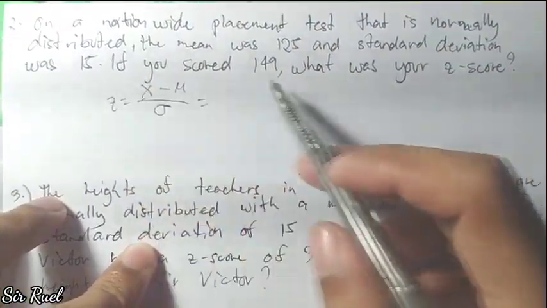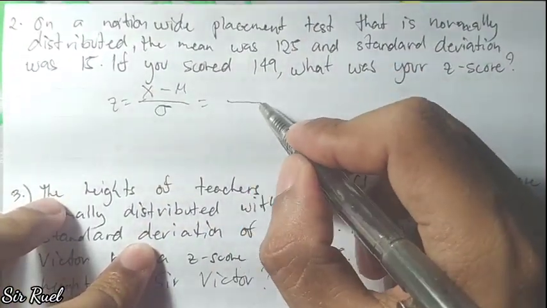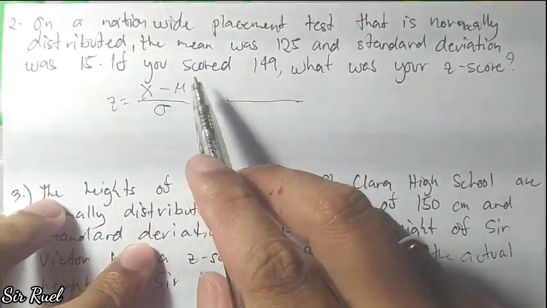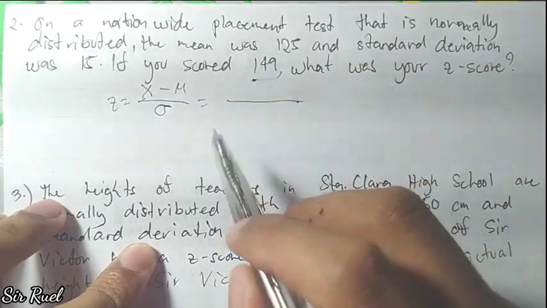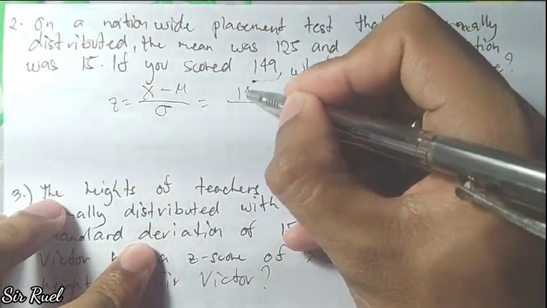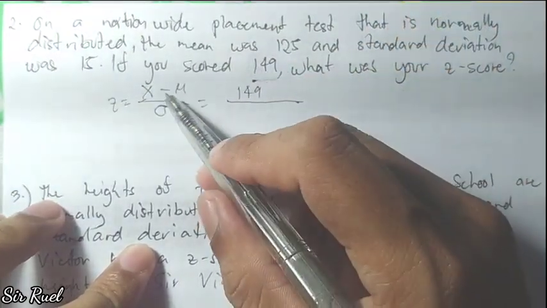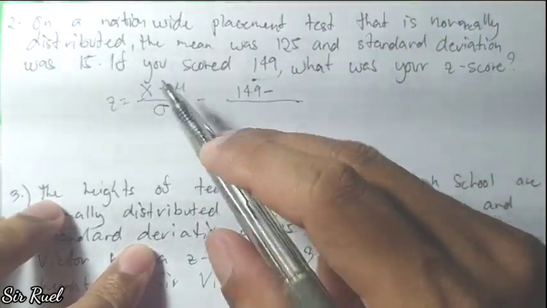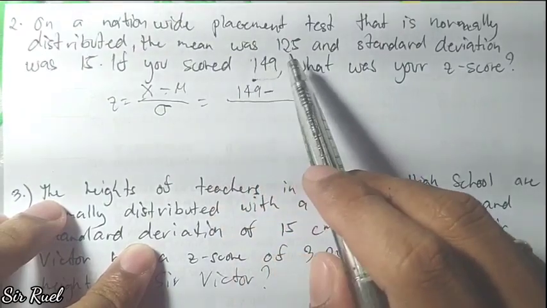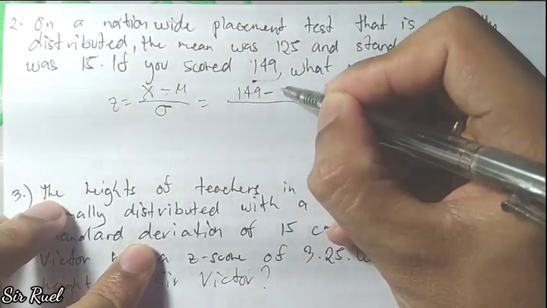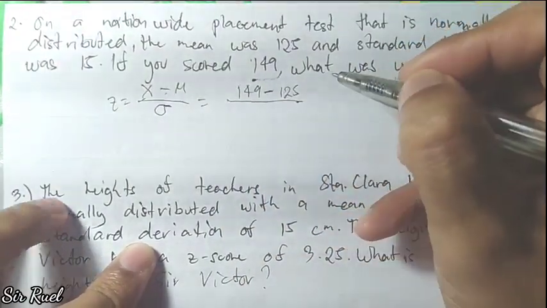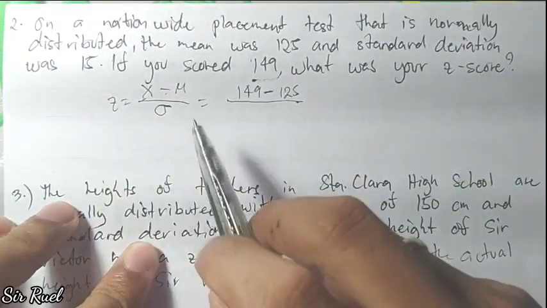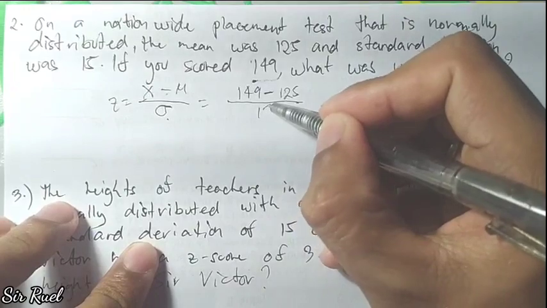Dito sa problem natin, ano yung raw score natin or yung X? Yung raw score natin is 149, minus mean. Yung mean natin dito, ang sabi, mean was 125. So 125 yung isusulat natin. And standard deviation of 15. So ito 15.